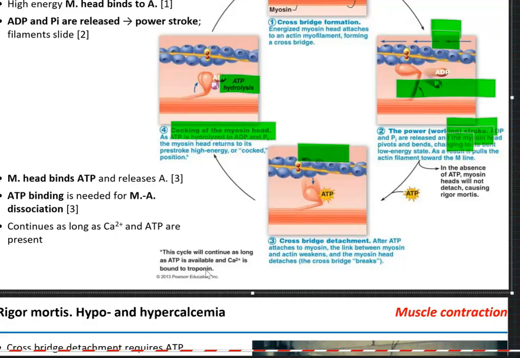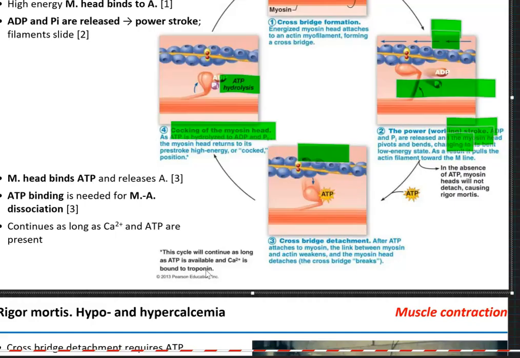So, a couple of things. When we were talking about thick filaments, I mentioned the two main functions of the myosin head are to bind ATP and break it down, and bind actin. In this process, you can see that both requirements are fulfilled.